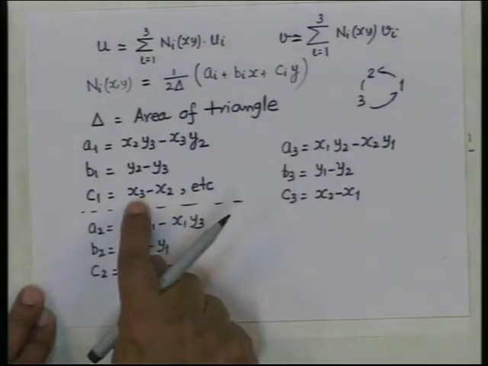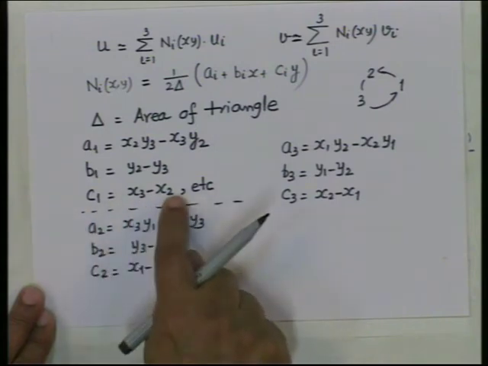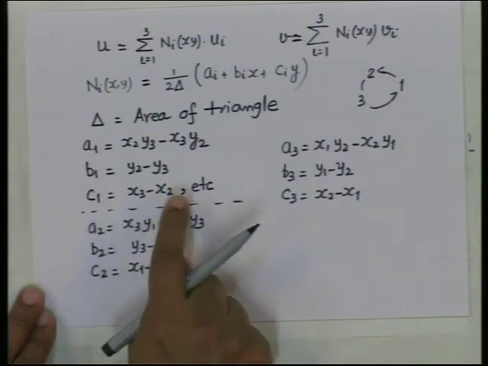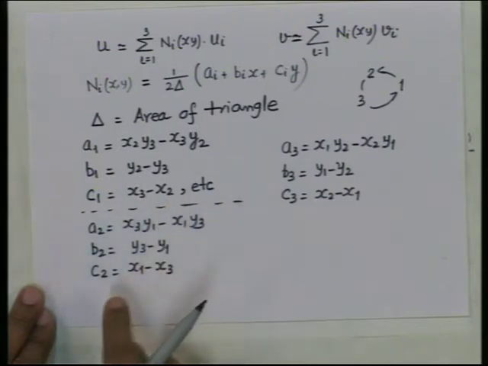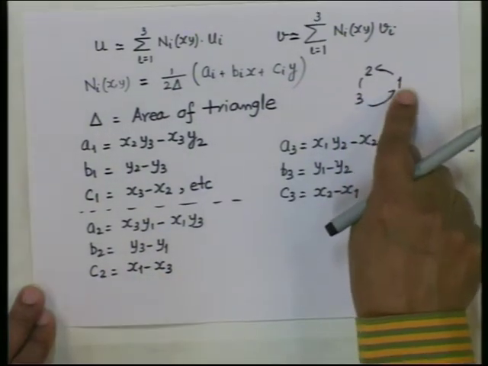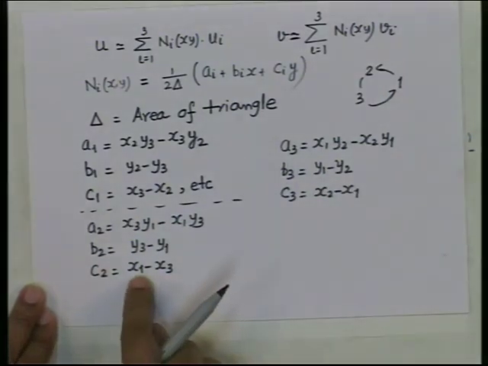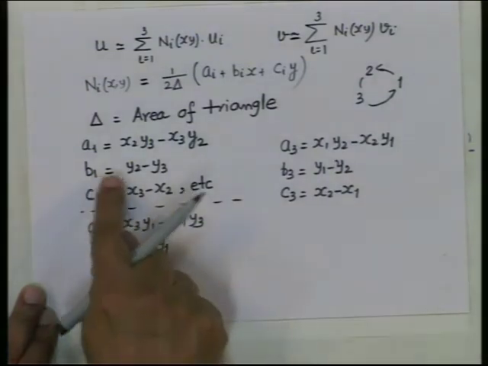For example, C1 is x3 minus x2. After 1 what comes? 2 and 3, but in reverse order, not 2 minus 3 but 3 minus 2. After 2 what comes? 3 and 1, so reverse order becomes 1 and 3. That is the cyclic order.